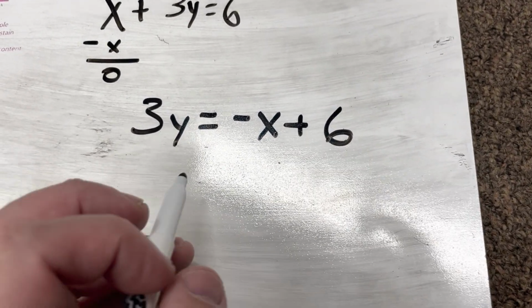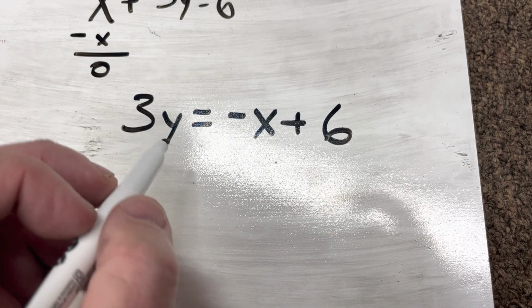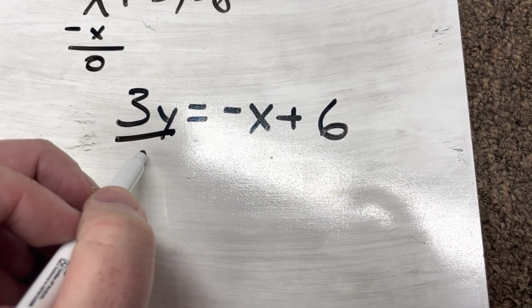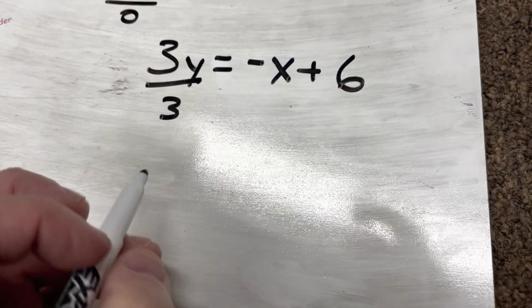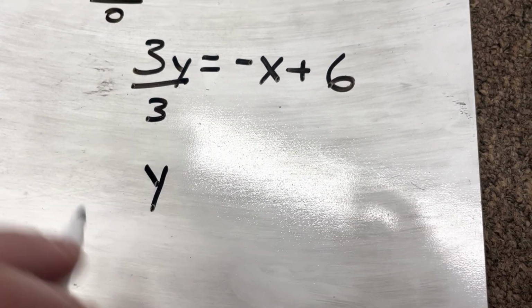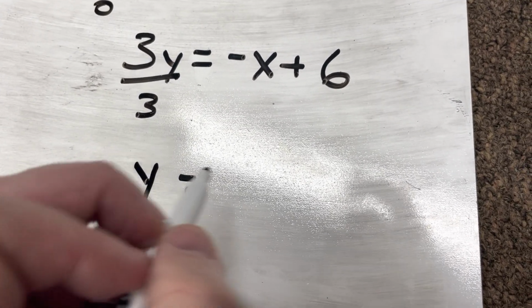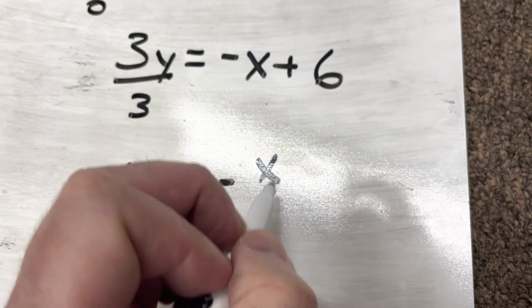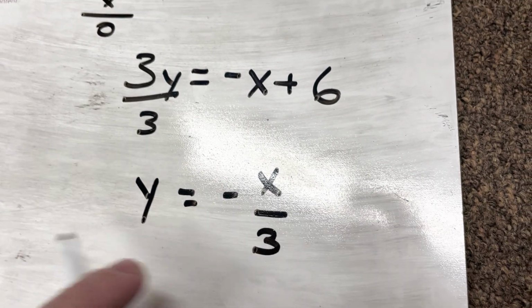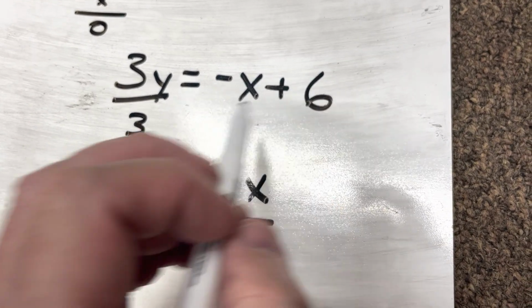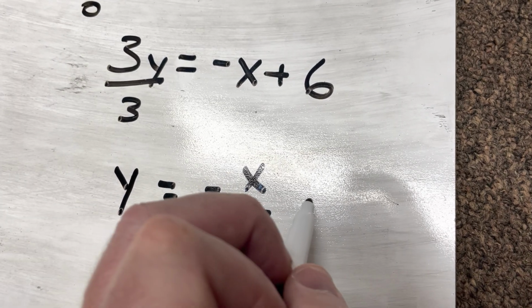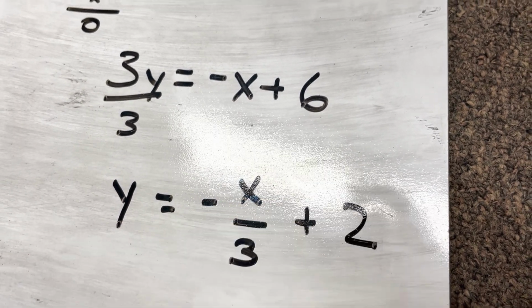Now I need to isolate y, and I'm going to do that by dividing everything by 3. So y equals negative x over 3, and then 6 divided by 3 is going to be a plus 2.